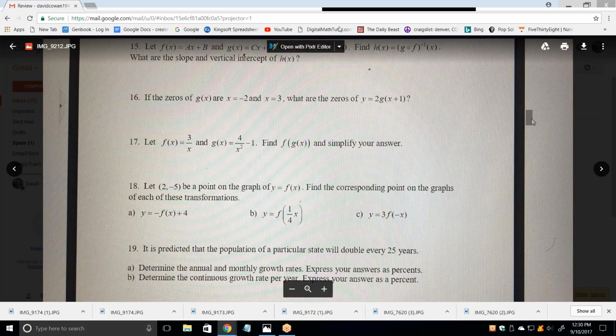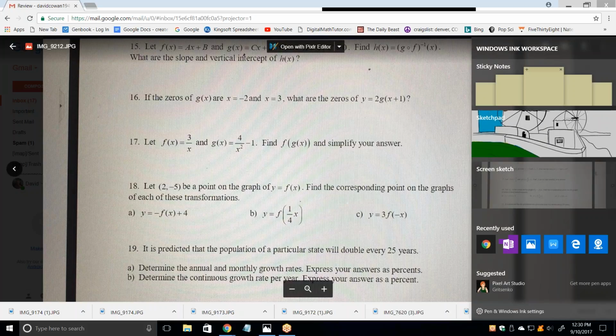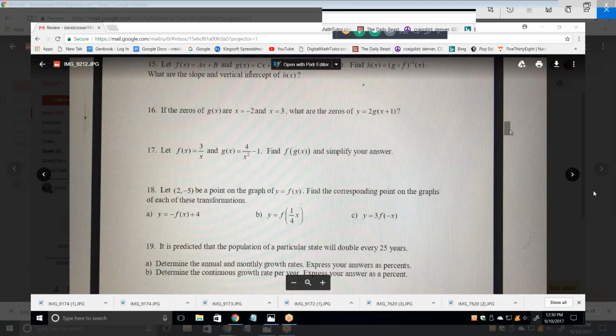So, if we know the zeros of g of x are minus 2 and 3, what is g of x equal to?